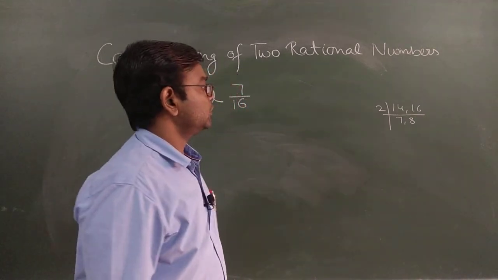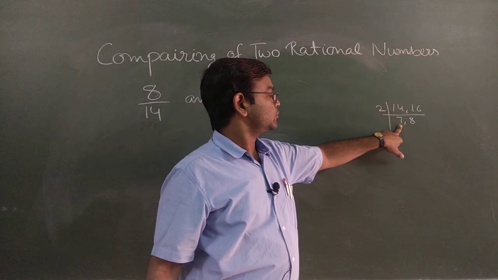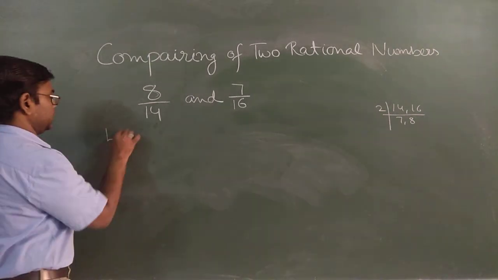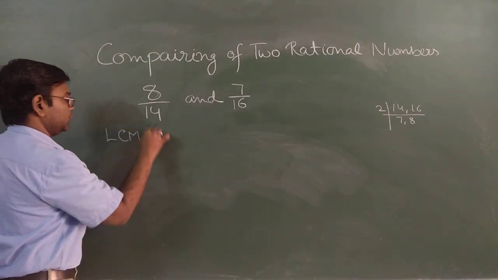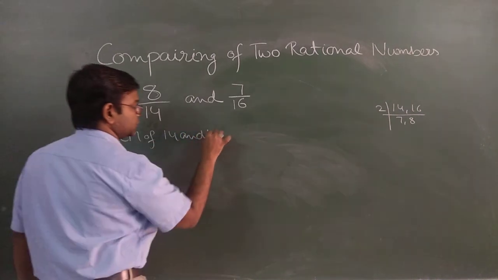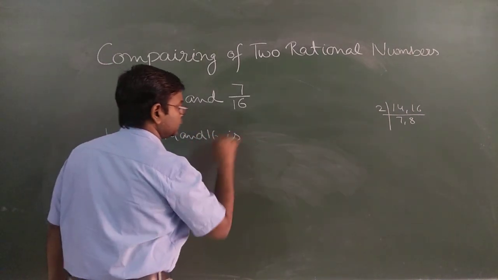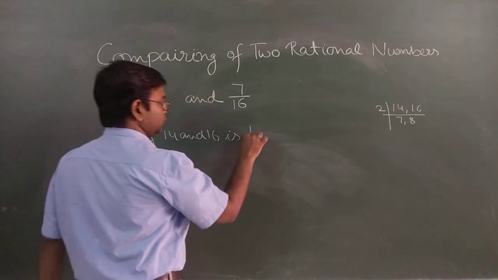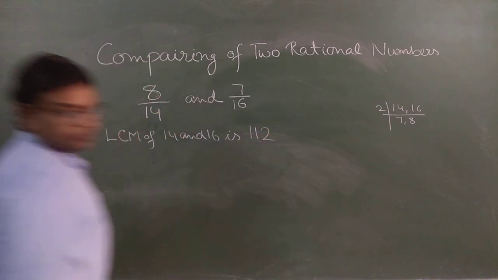So you must write: LCM of 14 and 16 is, you must count, 112. Clear?